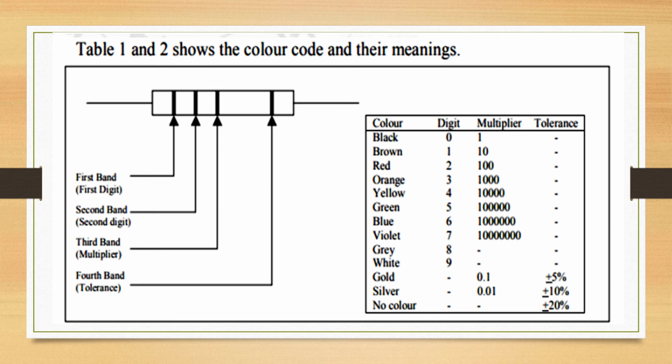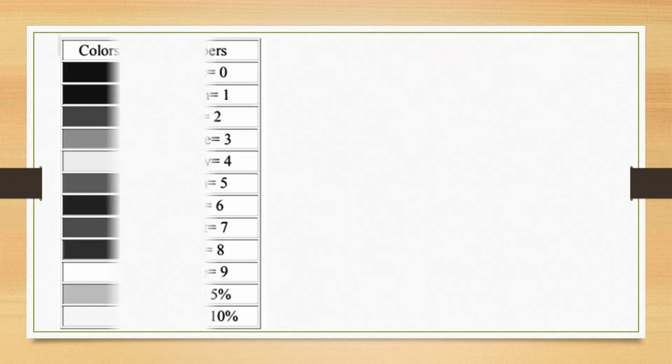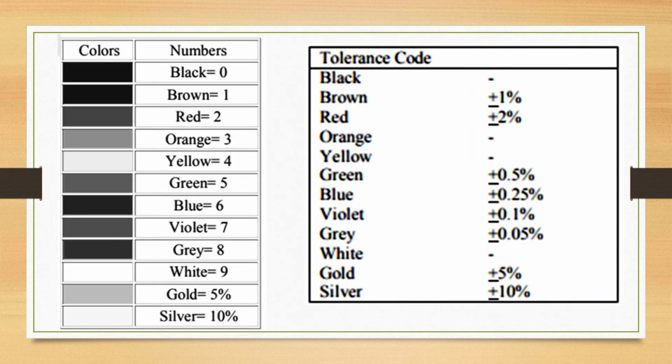For brown, 1. Red, 2. Orange, 3. Yellow, 4. Green, 5. It's the same as the chart that I've shown you earlier. Same thing with the tolerance, it's the same as the tolerance given earlier.